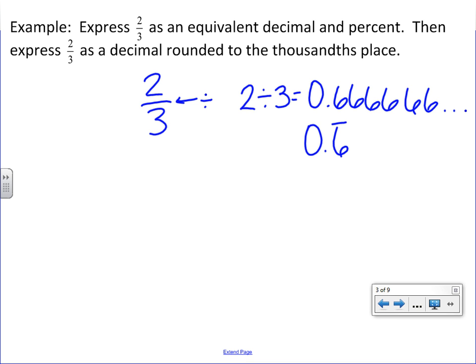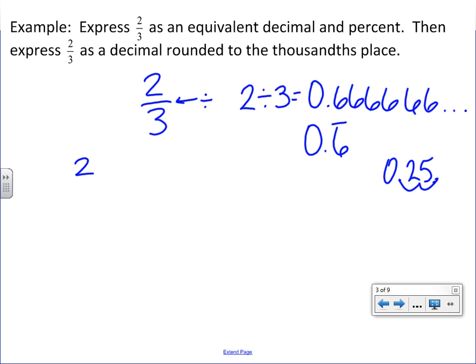To write it as a percent, we don't know how to write that decimal 0.6 repeating as a percent. We know that if we had a number like 0.25 and we wanted to write it as a percent, we just move the decimal place over twice. Well, it doesn't work as well whenever we have that repeating decimal. So instead, whenever we change a fraction to a percent, we always multiply by 100%.